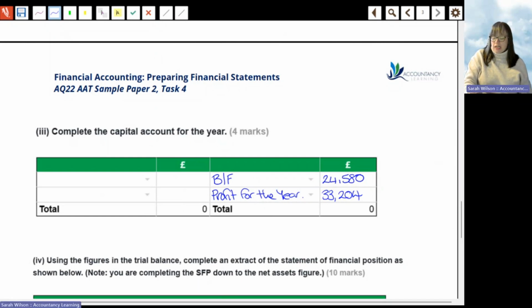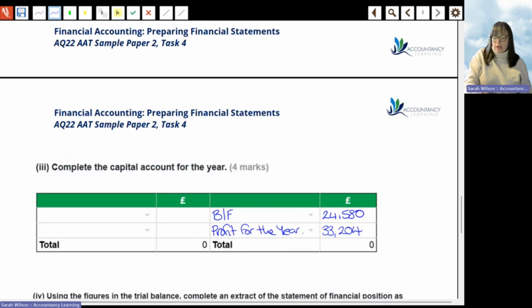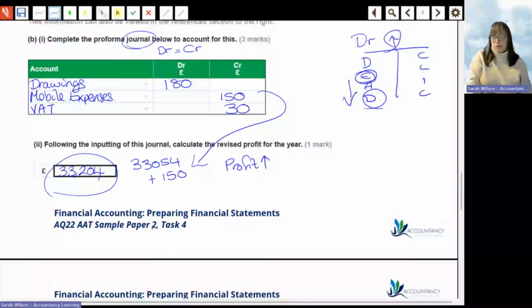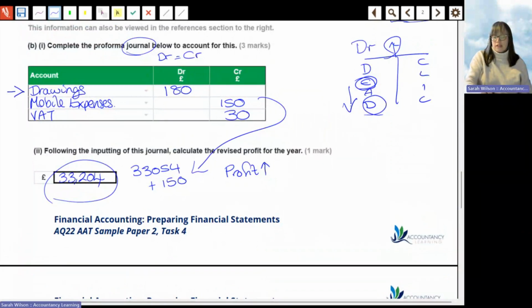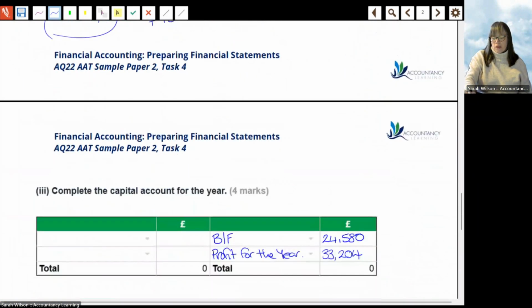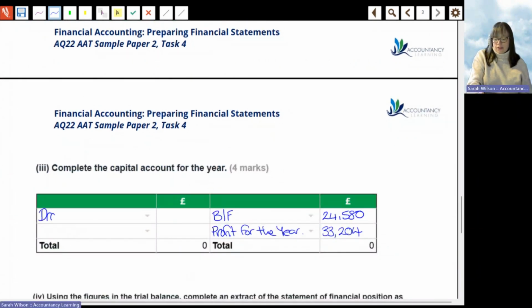Then what else do we need to do? We need to take into account the drawings that she's put through as well. So you put drawings in here as well, which is on the debit side, because that will reduce what's owed.